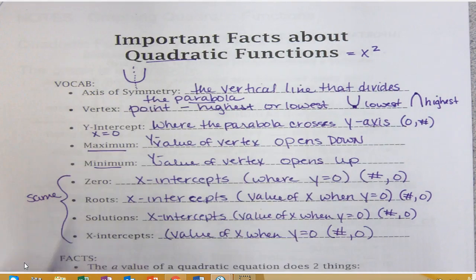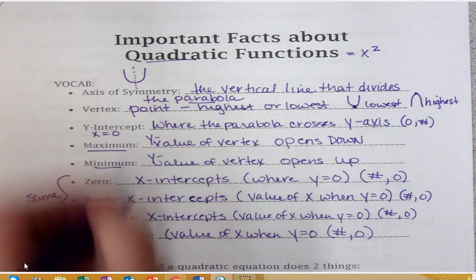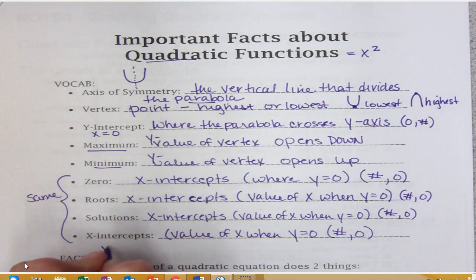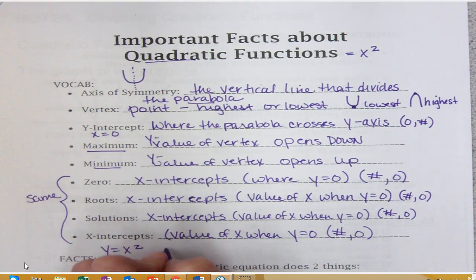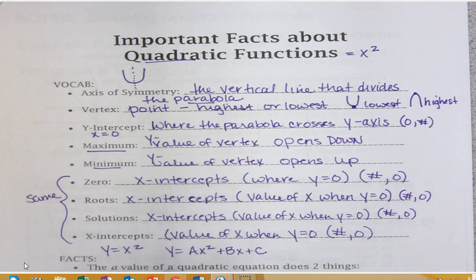So when you talk about quadratic functions, there are a few different ways that it is shown. It can be shown as y equals x squared, or y equals ax squared plus bx plus c. We've kind of seen this as standard form.